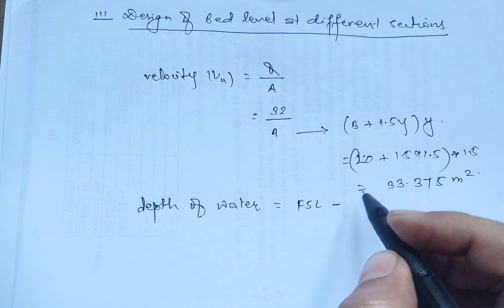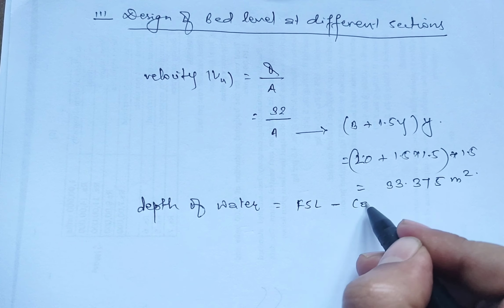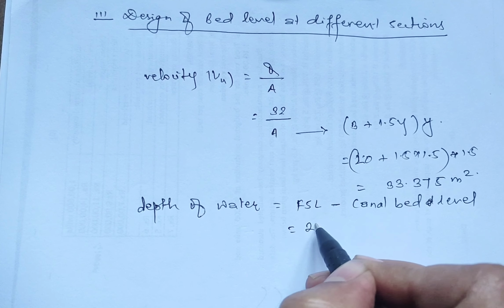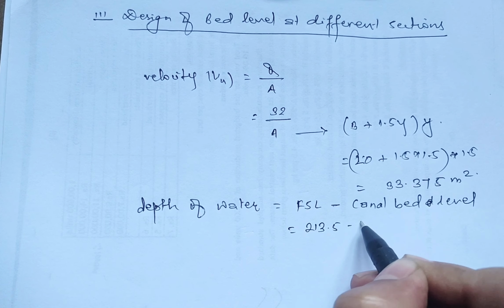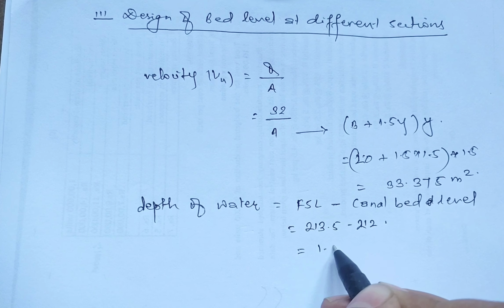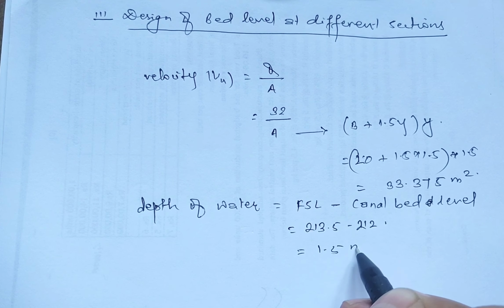Or you can calculate the depth of water as FSL, full supply level, minus canal depth, equals 213.5 minus 212 meter equals 1.5 meter. We have placed this value over here, and now placing this value, velocity v4 equals 32 divided by 33.375 equals 0.96 meter per second.